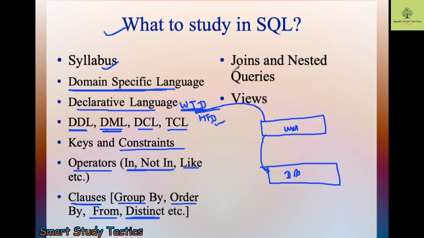Okay. Now we have joins and nested queries. I want to make you focus on that, because one question from this will surely come in the exam, and many students will get confused in that, because you know the simple things, but when we talk about joins and nested, means table inside table, that time you will have a problem.